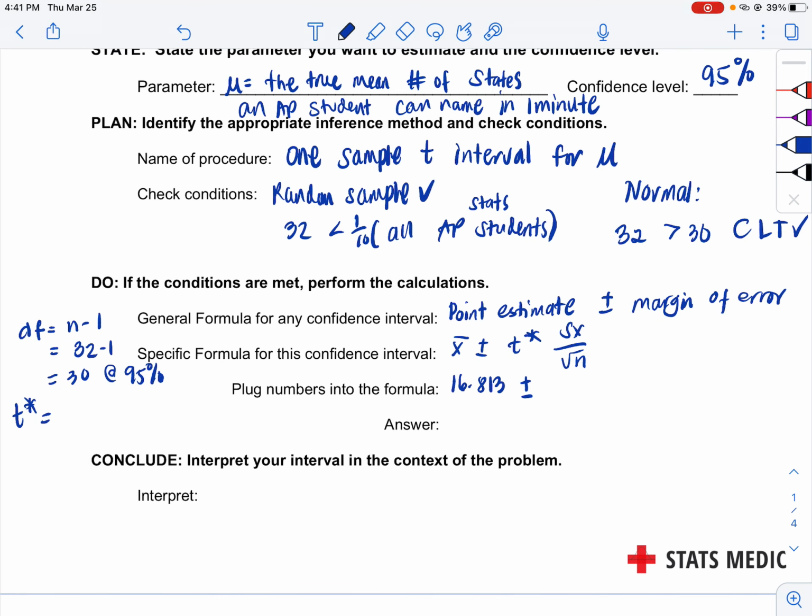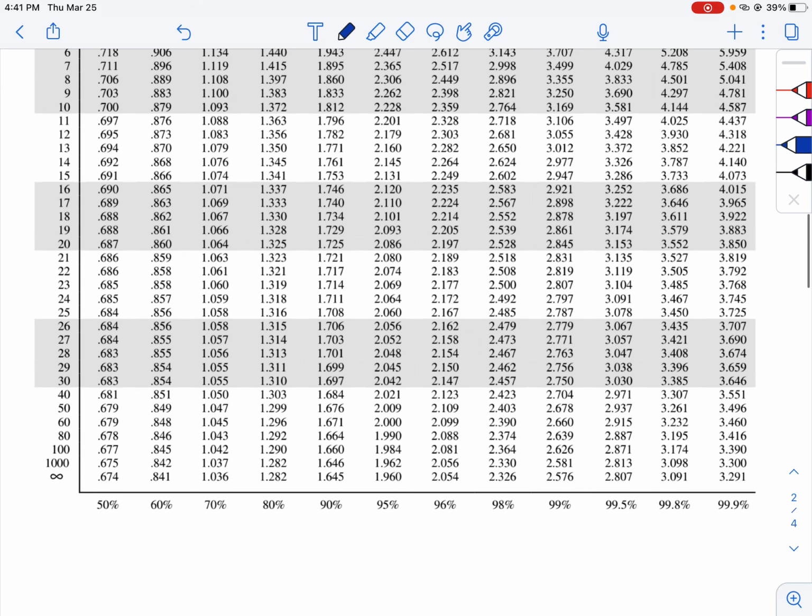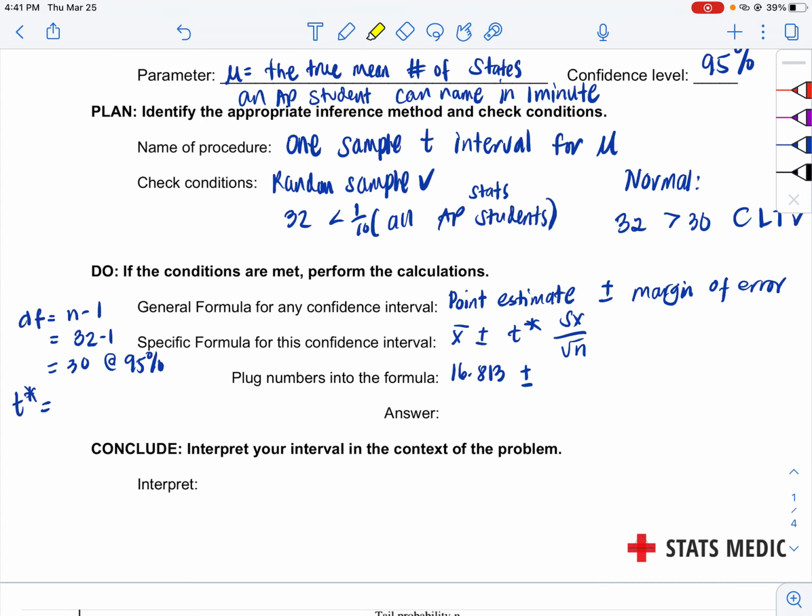So let's go to the table. Oh, actually, sorry, let's go back. I think I took too much of a shortcut. 32 minus 1 is 31.